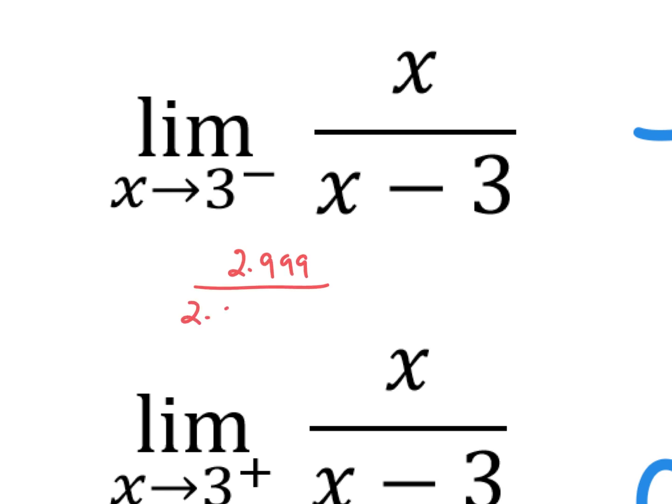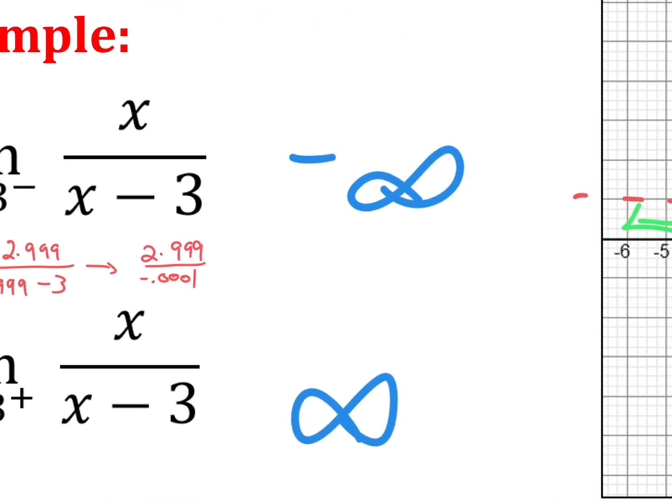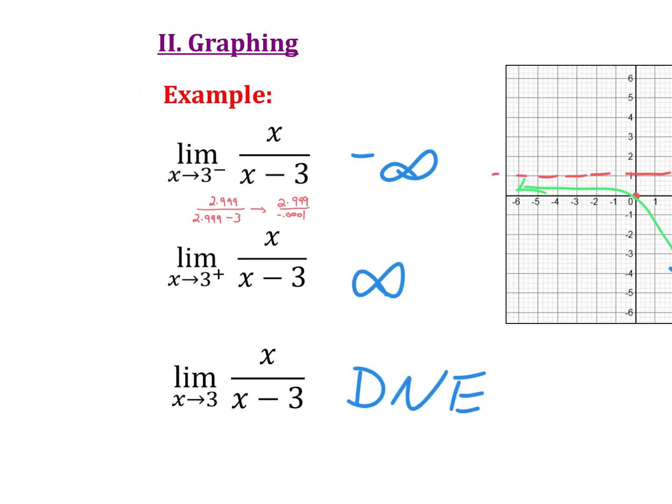So if I plugged in 2.999 for x, up top I'd get 2.999 over 2.999 minus 3, which is negative 0.001. That's a really, really small number. Well, anytime you divide by a really small number, you get a really big result, and it's negative. How do we mathematically say a really big number but negative? Well, we'd use negative infinity. So you could have done it algebraically as well there.